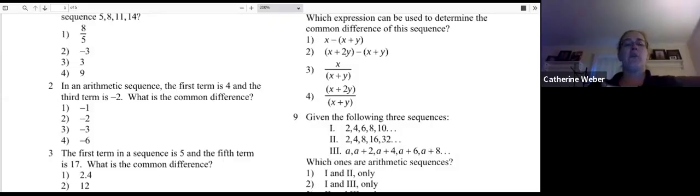If I take 4 minus -2, that's an absolute value distance of 6. If I'm breaking it up into threes, and I take that 6 and divide by 3, I get a value of 2. So 4 minus 2 is 2, that'll be the second term.